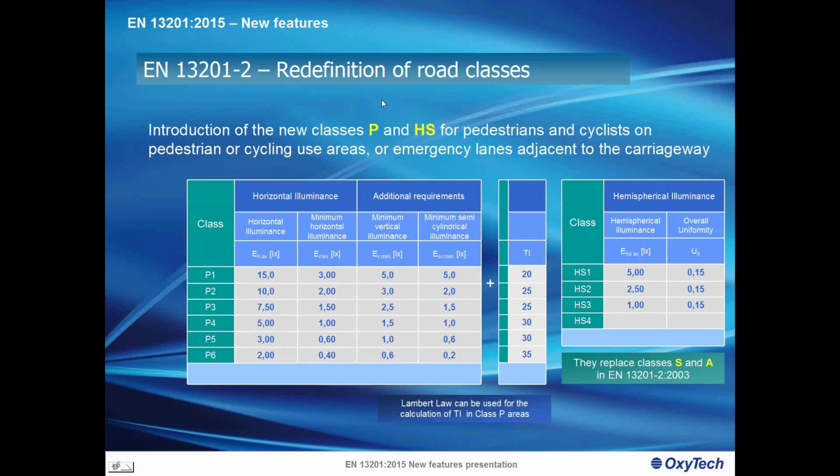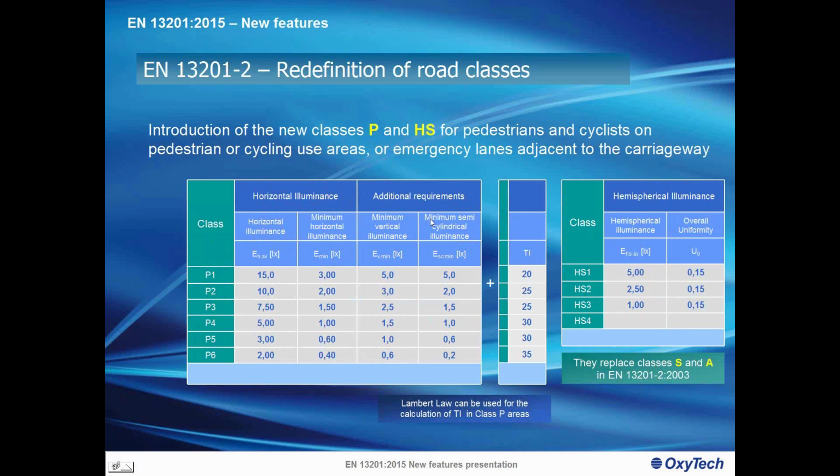Third step, the introduction of the P and the HS classes for pedestrians and cyclists on pedestrian or cycling use areas, or also emergency lanes adjacent to the carriageway. So in place of the previous S and A classes, we have now the P and HS.